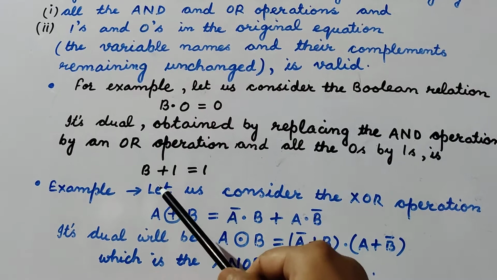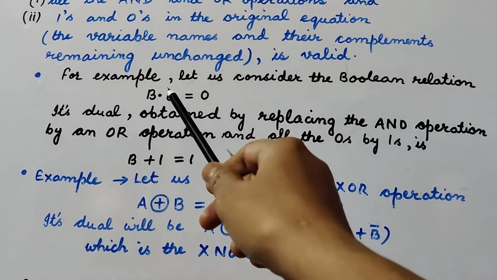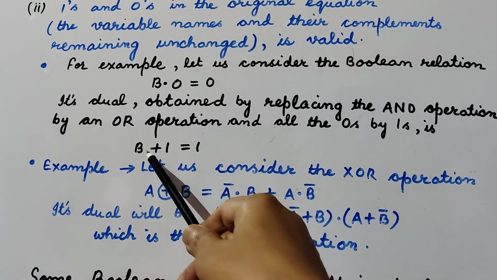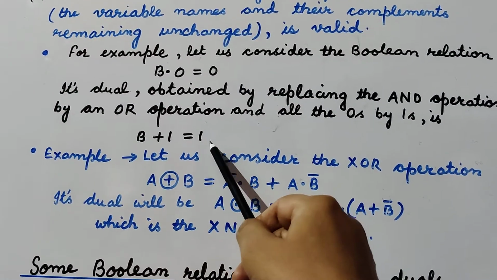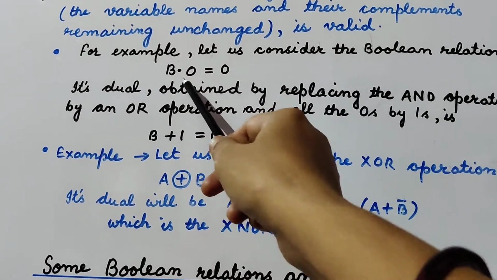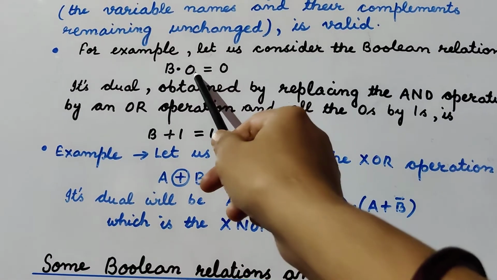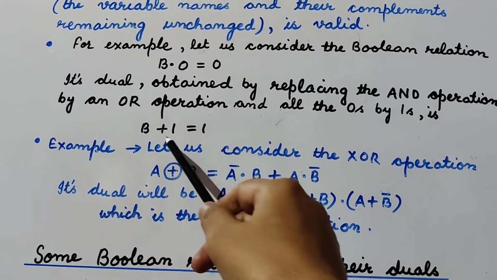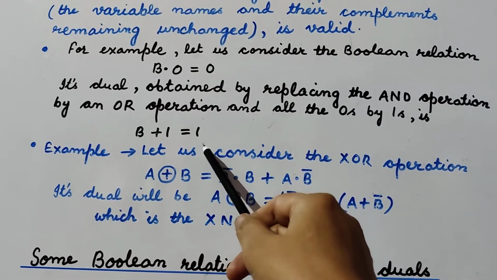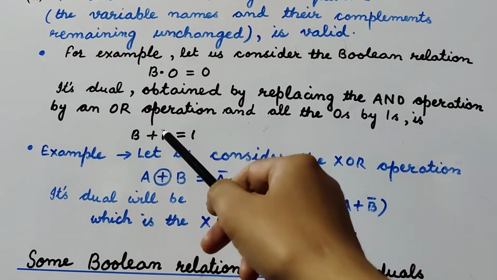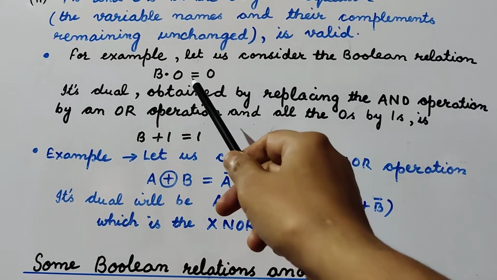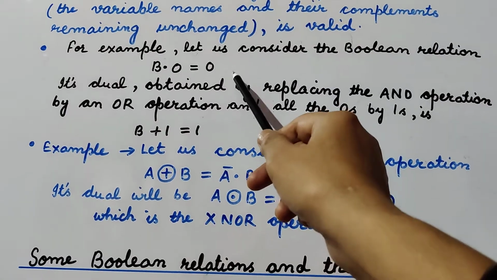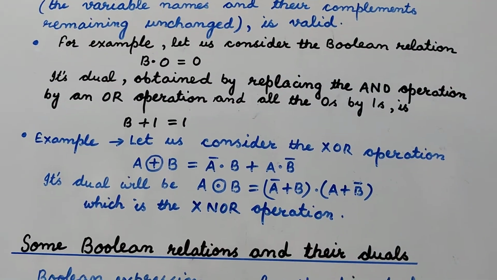So the new relation obtained after replacing the AND by OR and the 0 by 1 is B plus 1 is equal to 1. We have replaced the AND operation by OR operation, and we have replaced the 0 by 1. This 0 has also been replaced by 1. So the new relation which has been obtained by interchanging the AND operation with OR operation and the zeros by ones is called the dual of this equation.